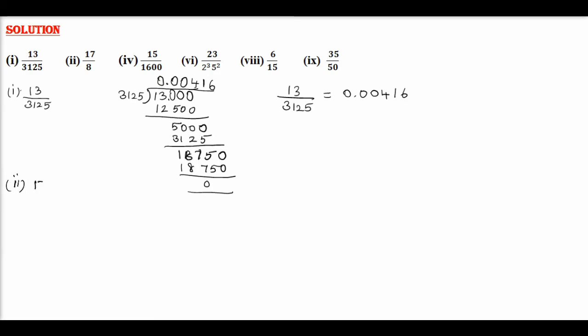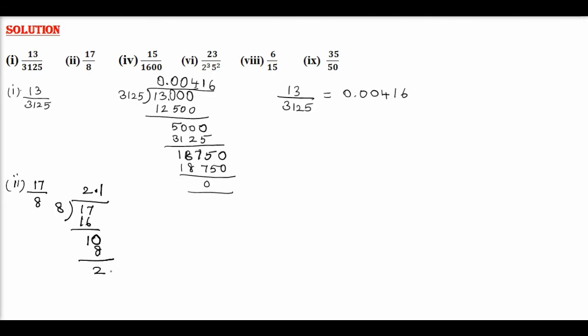Again, the subdivision is 17 by 8. Now let me divide 17 by 8 so that I get the quotient to be 2. 2 8s are 16 and I get the remainder to be 1, which is not 0. So I proceed by including a 0 so that I have a decimal here, and 1 times it is 8.